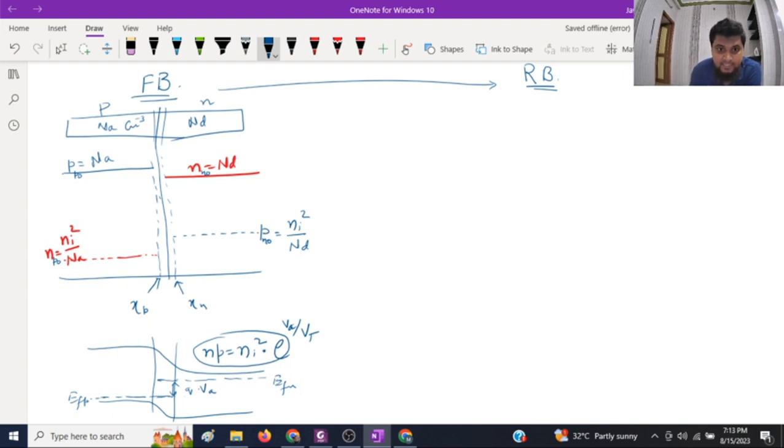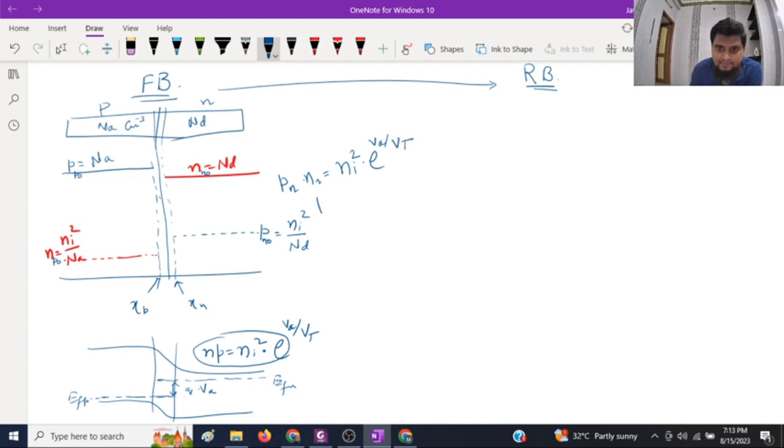When the junction is biased with a forward bias VA, that will be P on the N side into N on the N side, that will be equal to Ni square into e to the power VA upon VT.